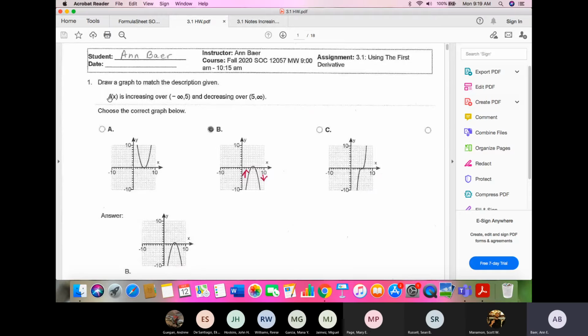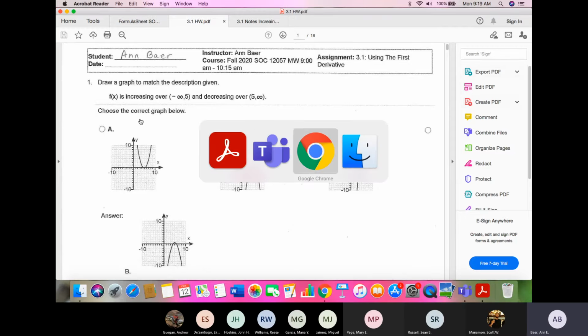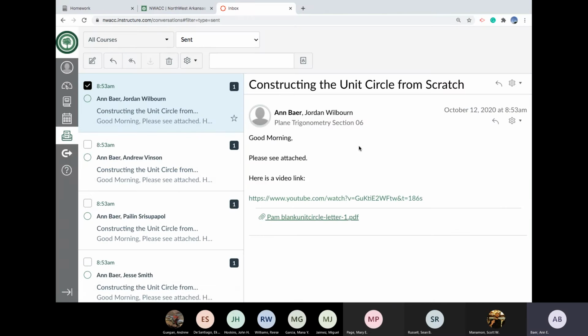Before I go over those problems with you, I do want to mention something. Let me go into Canvas for a moment. I sent you all an email through Canvas. It's constructing the unit circle from scratch. I had an opportunity to visit with one of the students, and I worked with her to construct the unit circle from scratch.